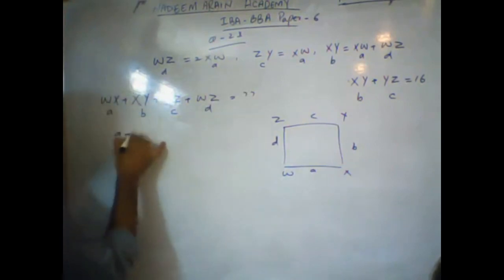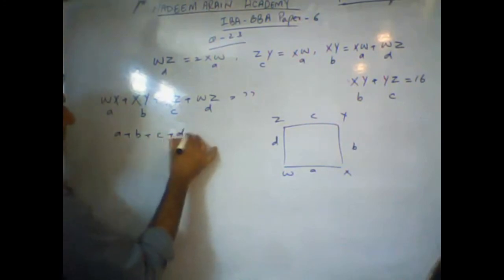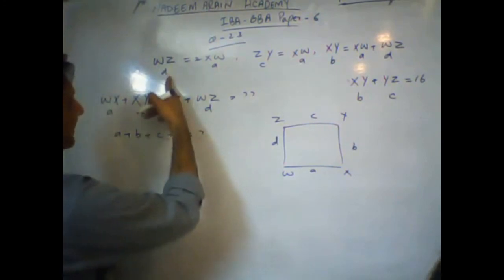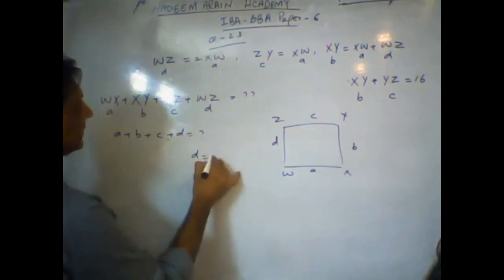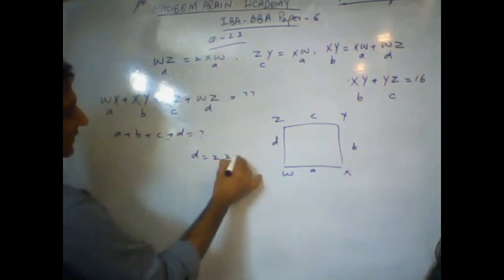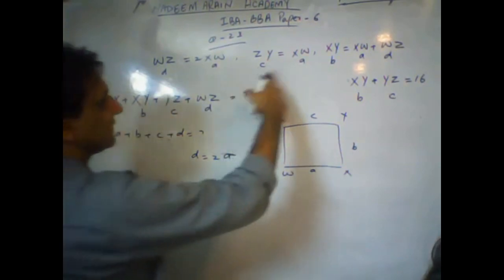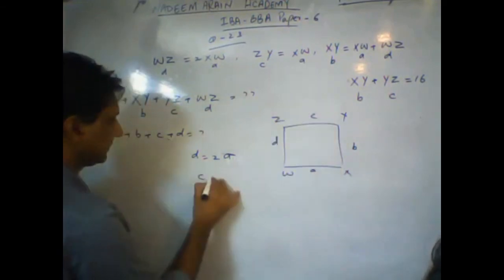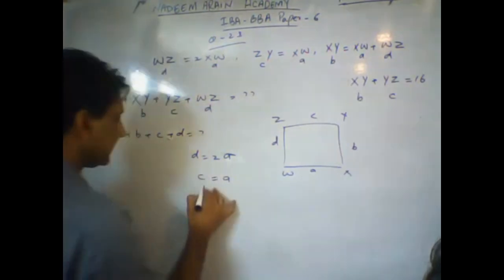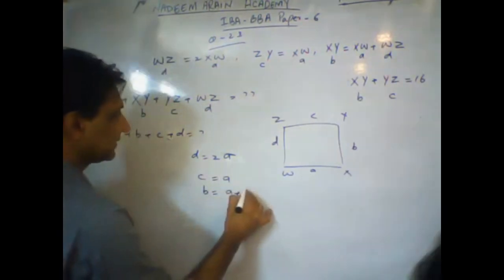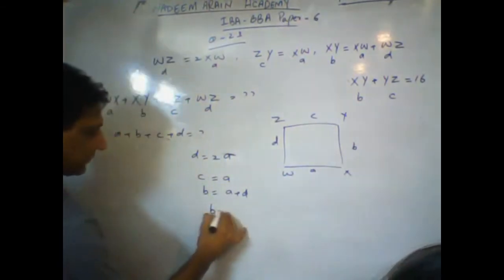A plus B plus C plus D is what we need to find out, and D is equal to 2A, and C is equal to A, and B is equal to A plus D, and B plus C is equal to 16.